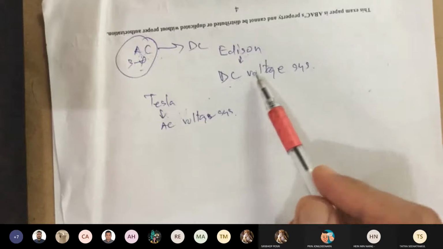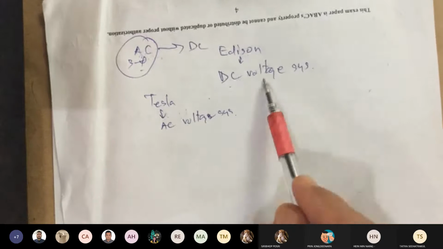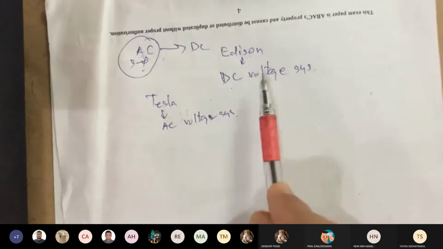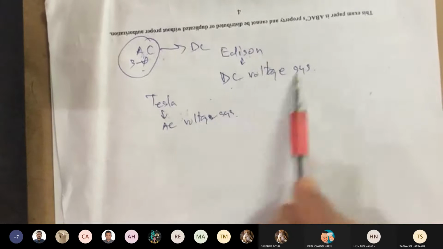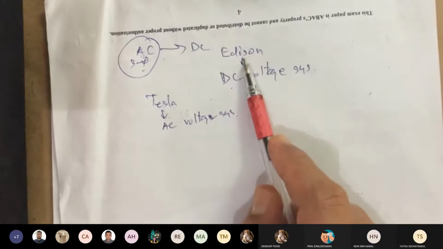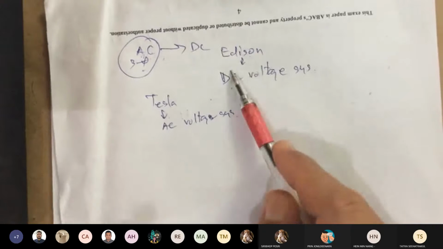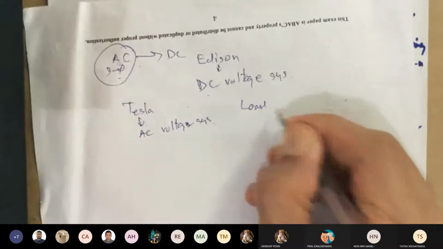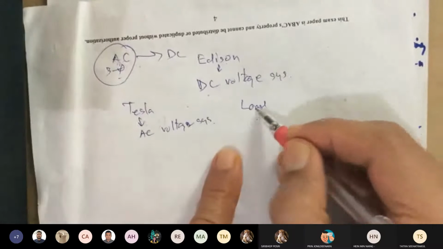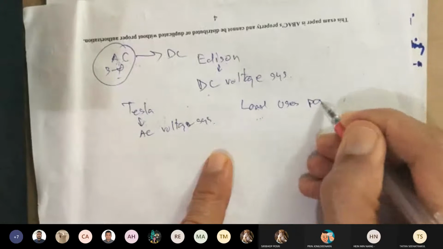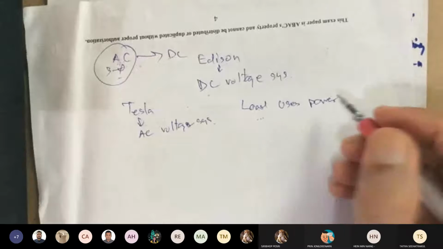So he built this DC voltage system in New York City. But the problem with this system, and you have to remember this, it's a rule in electrical engineering, is that an electrical load uses power, electrical power.